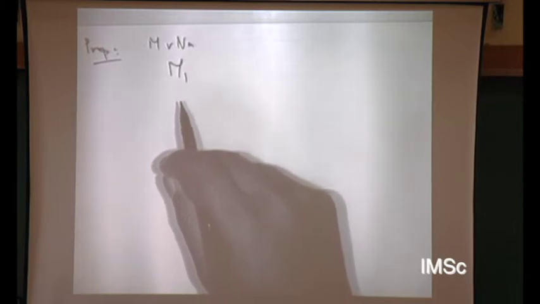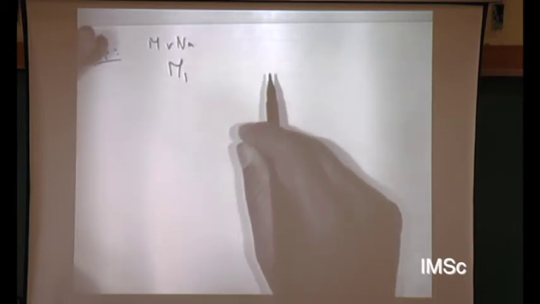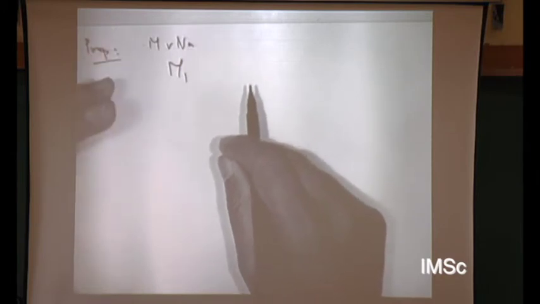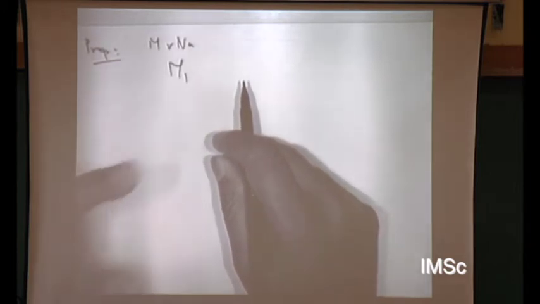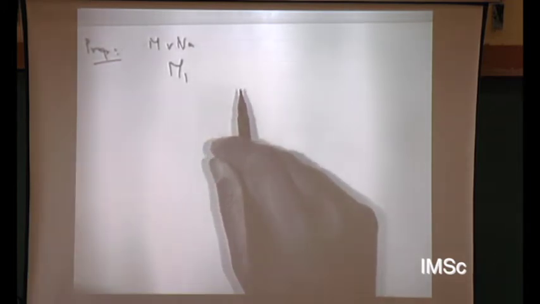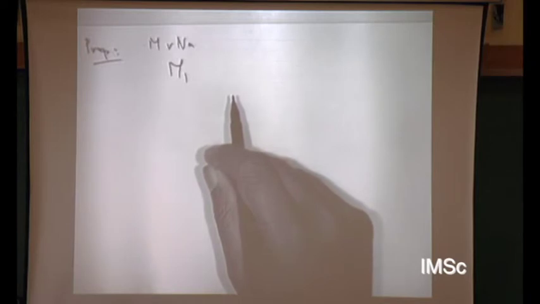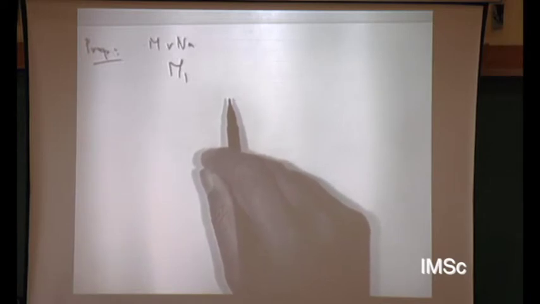And in such spaces is exactly where the Krein-Milman theorem comes into effect. It says that any compact convex set is the closed convex hull of its extreme points.